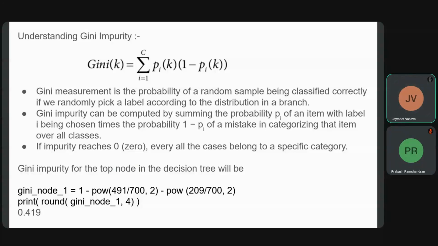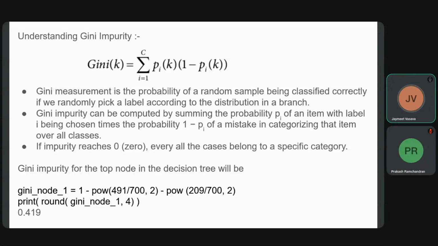Gini impurity can be computed by summing the probability pi of an item with label i being chosen times the probability 1 minus pi of a mistake in categorizing that item over all cases. If the impurity reaches 0, every one of the cases belongs to the specific category.